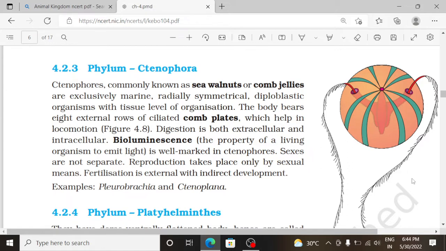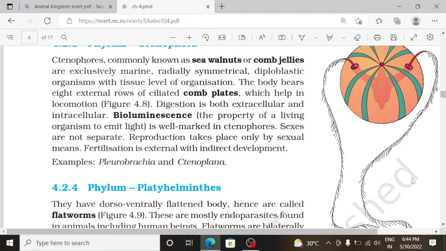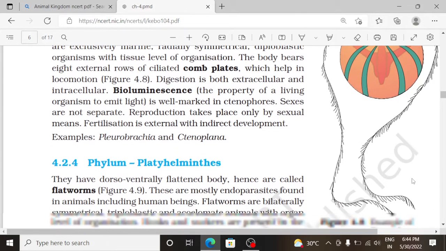Bioluminescence, the property of living organisms to emit light, is well marked in ctenophores. Sexes are not separate. Reproduction takes place only by sexual means. Fertilization is external with indirect development. Examples are Pleurobrachia and Ctenoplana.